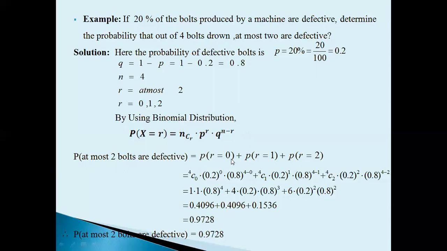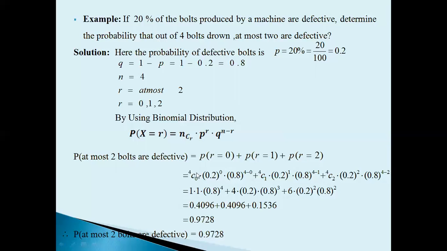First we find the probability for r equal to 0. Substituting in the formula, we get 4C0 into 0.2 raised to 0 into 0.8 raised to 4 minus 0. Next, for r equal to 1, we get 4C1 into 0.2 raised to 1 into 0.8 raised to 4 minus 1. And next, for r equal to 2, we get 4C2 into 0.2 raised to 2 into 0.8 raised to 4 minus 2.